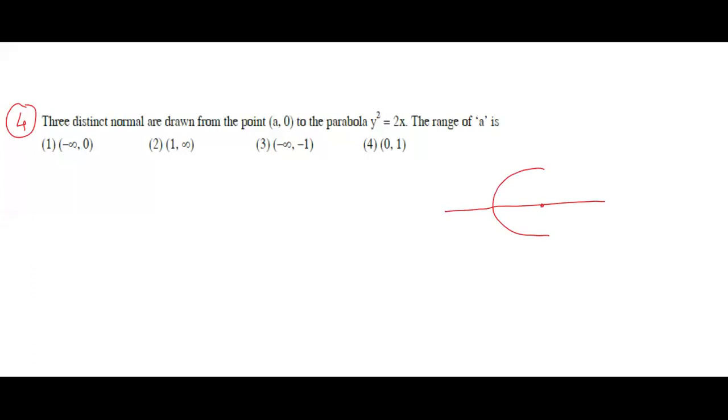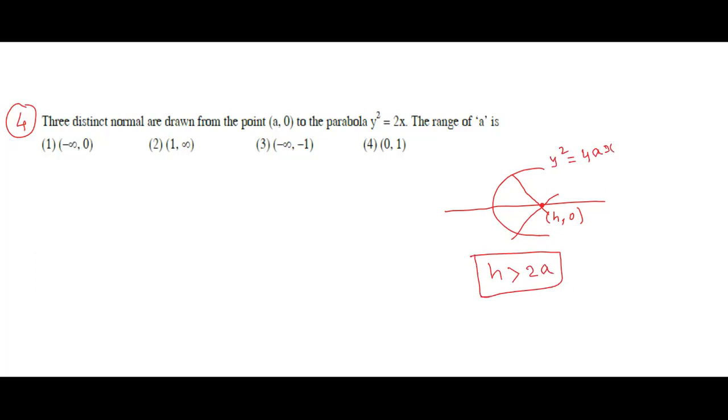Here take one point, suppose this is h comma 0, and draw the normals passing through this point. Then what is the condition here? h is greater than 2a, when the parabola is y square is equal to 4ax.